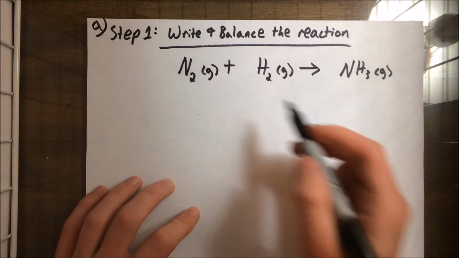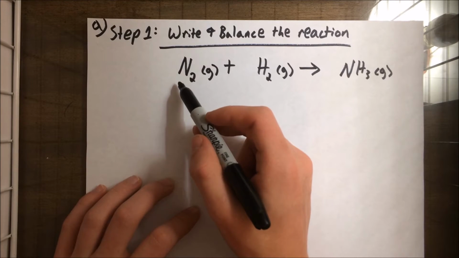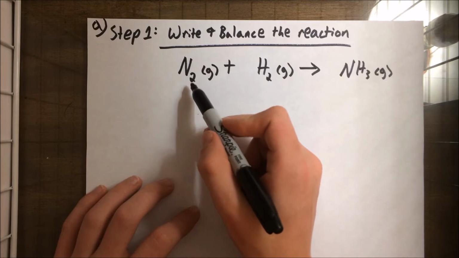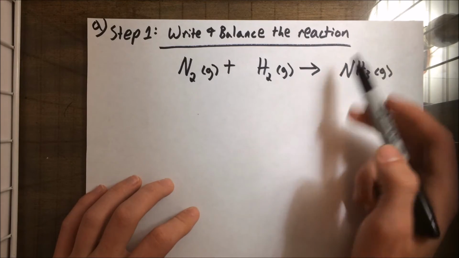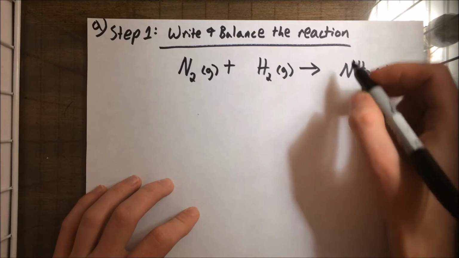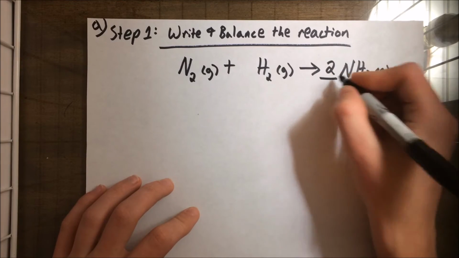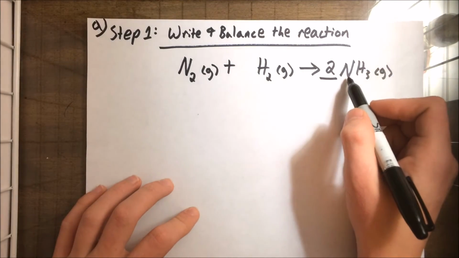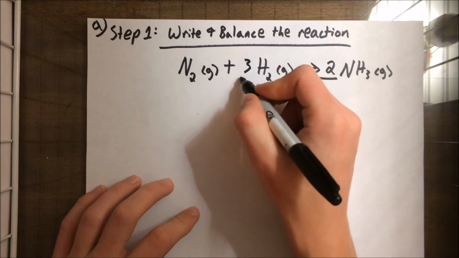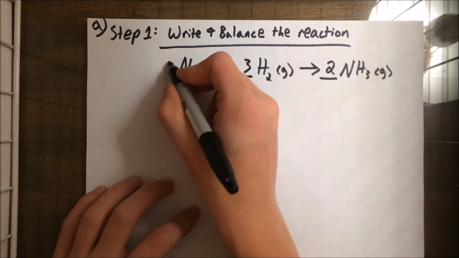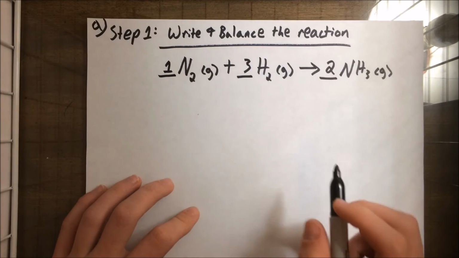To balance this, let's look at the number of nitrogen atoms we have on the reactant and product side. We need to put a 2 here to have 2 nitrogen. So now we have 6 hydrogen, so we need to put a 3 right here, and that actually balances, so this one is just a 1.